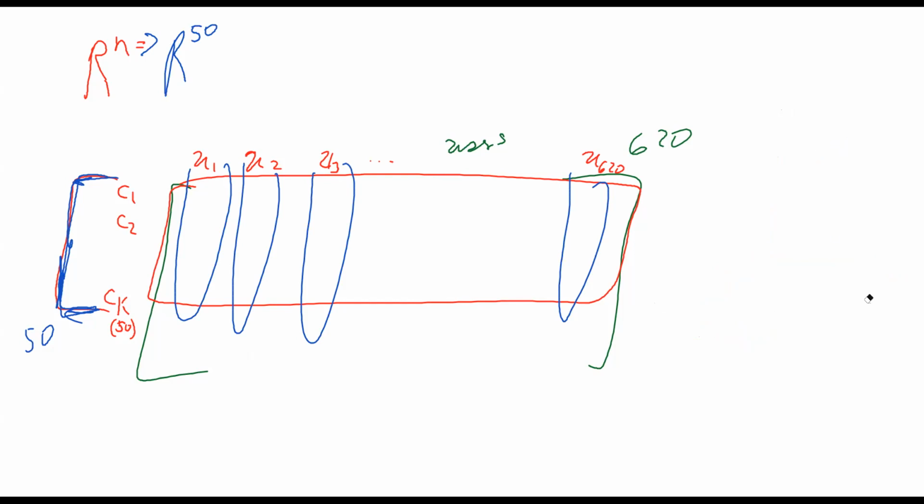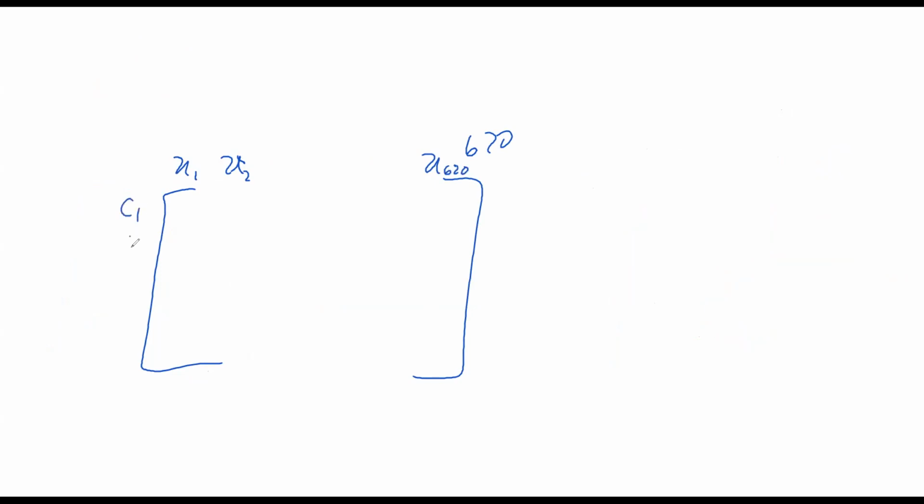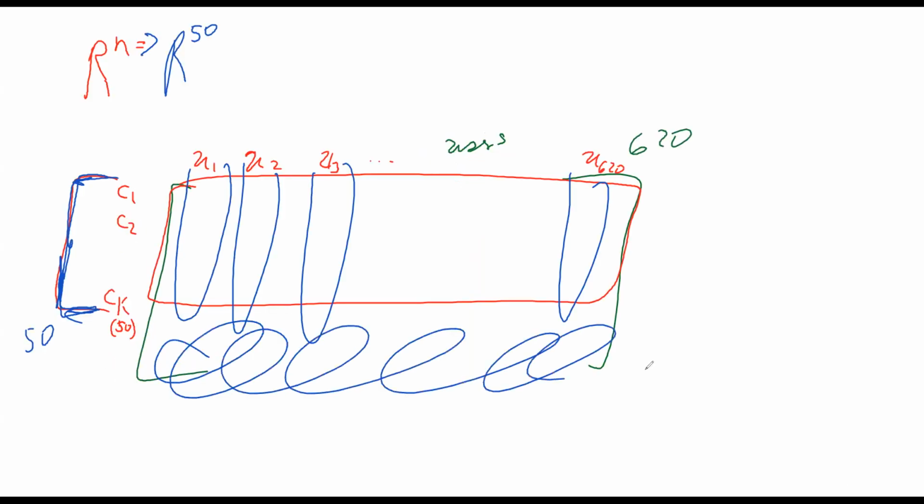So now when we plot the users, we do the exact same thing, right? So let's think about it. We have 620 users from user 1, user 2, all the way to user 620. And then here we have concept 1, concept 2, all the way to concept K, which is 50. I've already gotten rid of all of these, right? So I can just get rid of them.